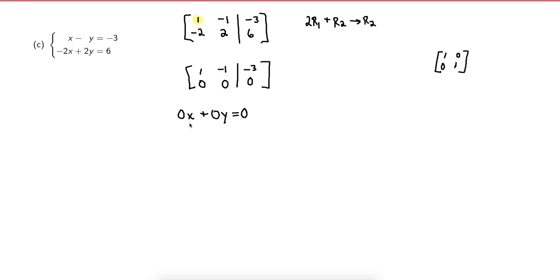Well, 0 times anything is 0. And 0 plus 0 gives us 0, so we're left with a true statement. 0 does equal 0. That's a true statement. And so in this case, since we arrive at a true statement, we have an infinite number of solutions.